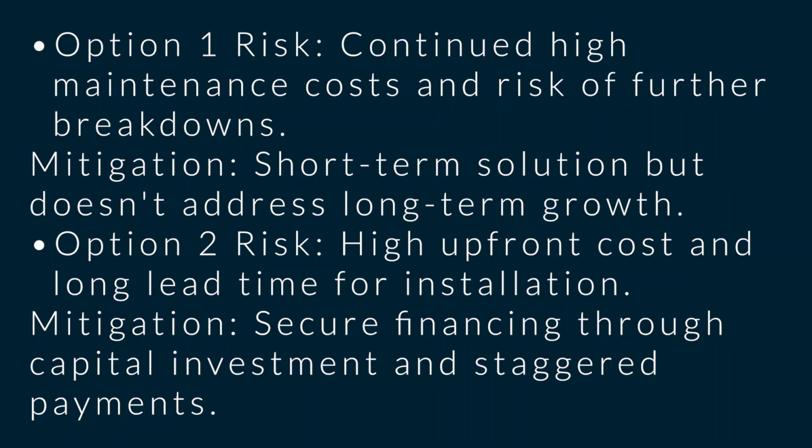With option 1, there's going to be continued high maintenance cost and risk of further breakdowns. In this case, the mitigation could be a short-term solution, but it doesn't address long-term growth. Option 2, what about the risks involved here? The risk is high upfront cost and long lead time for installation. So the mitigation here will be to secure financing through capital investment and staggered payments.